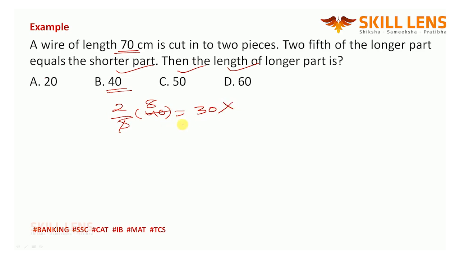So this is not accepted. Now 50: is 2/5 of 50 equal to 20? 5 ones are 5, 5 tens are 50, so one fifth is 10, and 2 times 10 gives you 20. So definitely your answer is going to be C. This is how you can answer your question in different ways. Hope everybody understood this particular question.